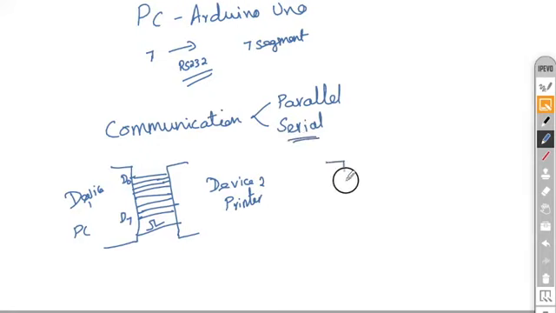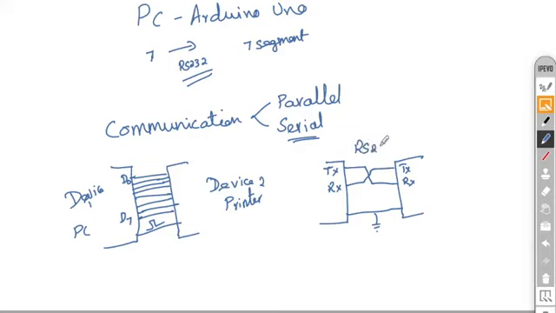In serial communication, basically there will be two wires. One is the transmit wire and another one is receive, and a common ground. This is an example for RS-232.